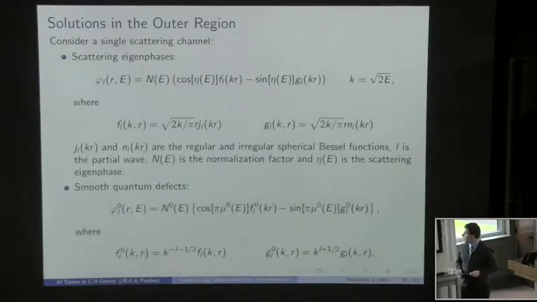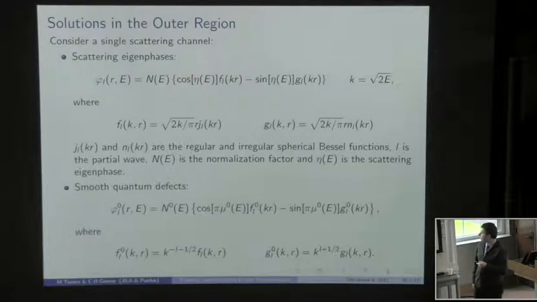So I would like to discuss the form of the solution in the outer region that is suitable for the treatment of the nuclear dynamics. Just to keep it simple, I consider here only a single scattering channel and a single partial wave, but of course the generalization to the multi-channel approach is very straightforward.